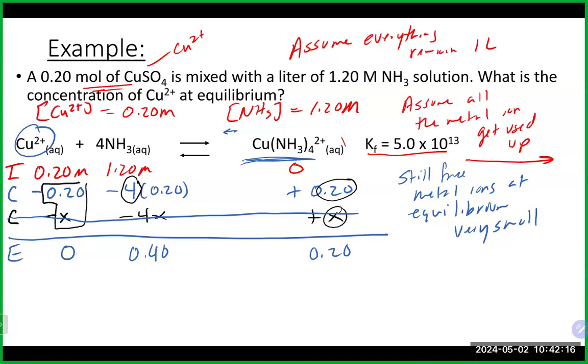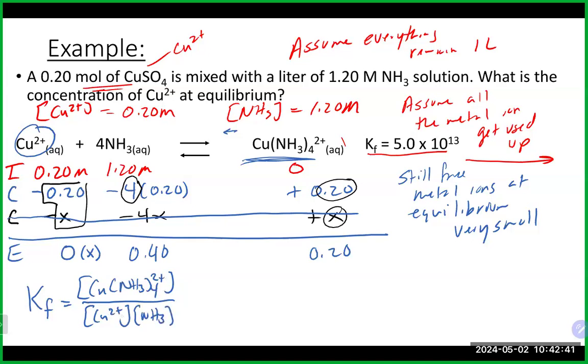So even though we zero out the copper here, we're actually going to go back and solve for it and try to figure out how much is actually there. We could do this because now we have the equilibrium concentrations. We could use our equilibrium expression, which is, again, our products over our reactants. And a reminder that you don't want to forget, you have to take the NH4, in this case, to the 4th power.